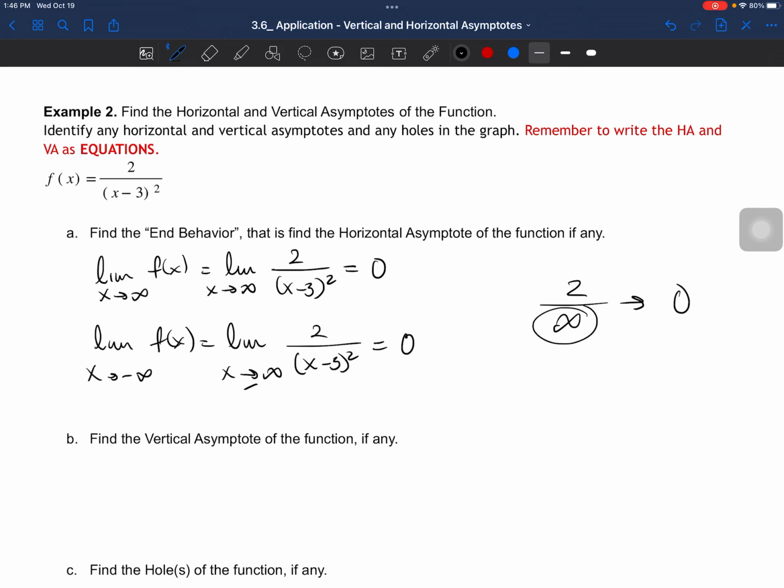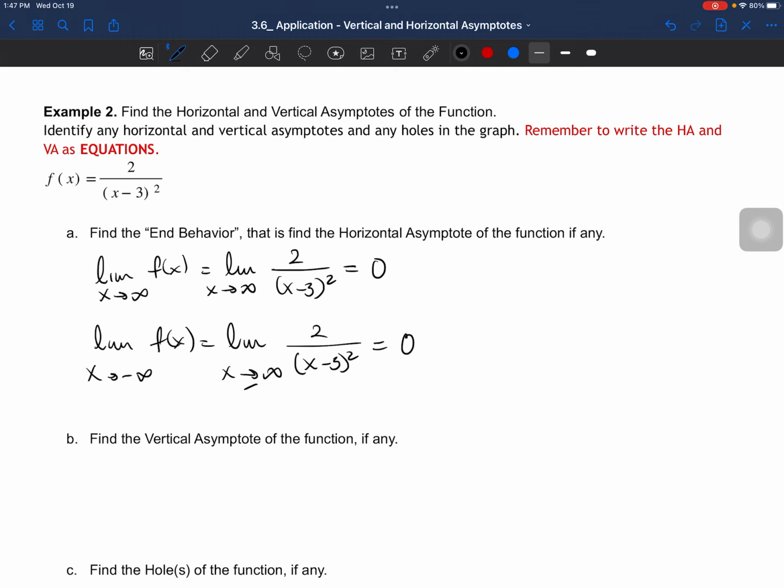You guys remember that? Because you're dividing a number by a huge number. Think about it as 2 over 1 trillion. That's going to be like 0.000000000000000 5 or something. I don't know, but it's going to be a very small number. So there you go.